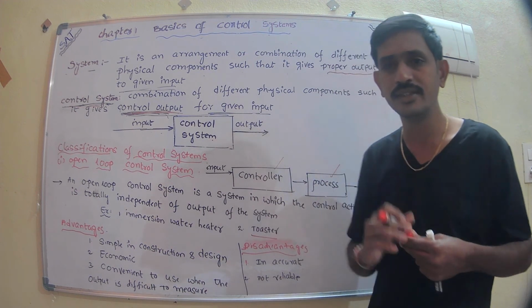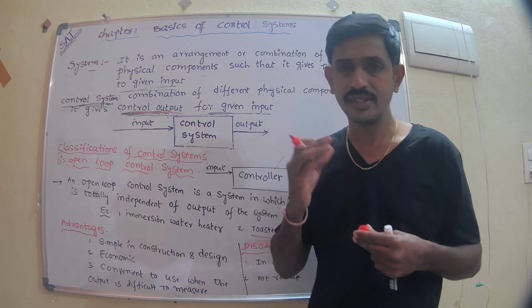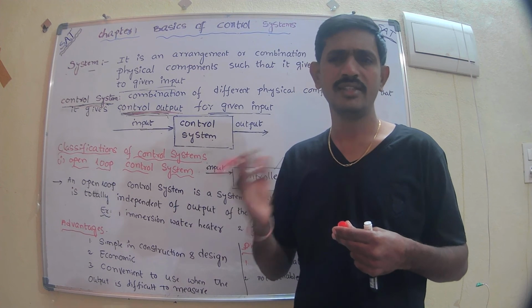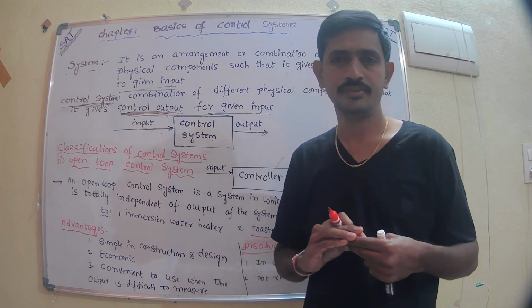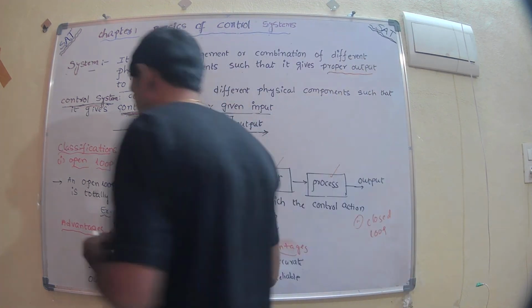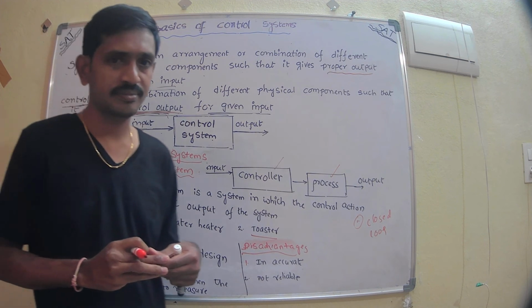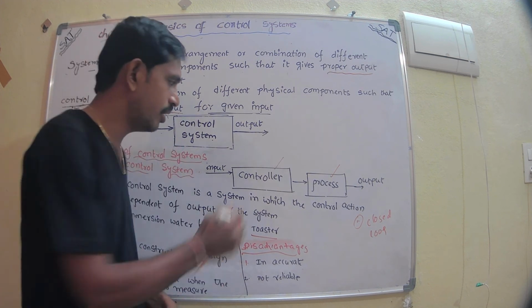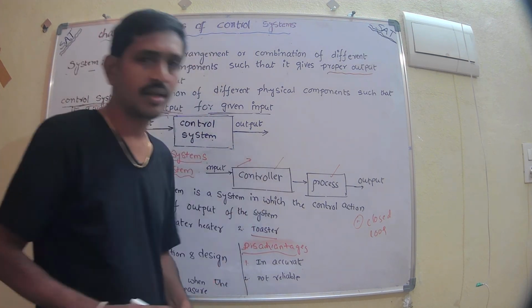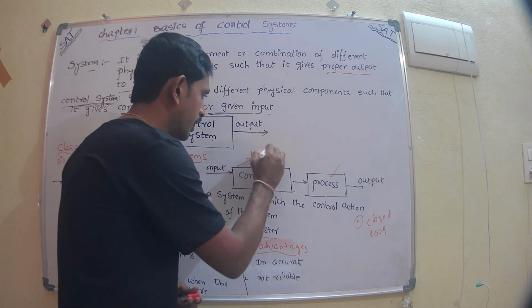One more example is washing machines and traffic signals. We have so many examples in our nature. For example, the washing machine. First of all we have to set the time for the washing machine. For example, I have to wash the clothes for 30 minutes, that is T equal to 30 minutes.